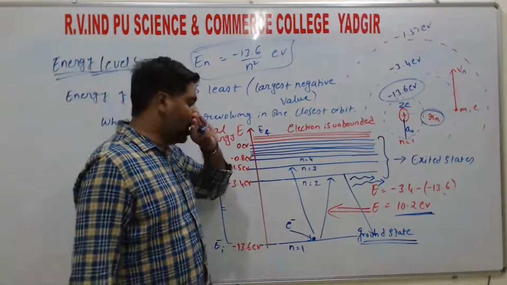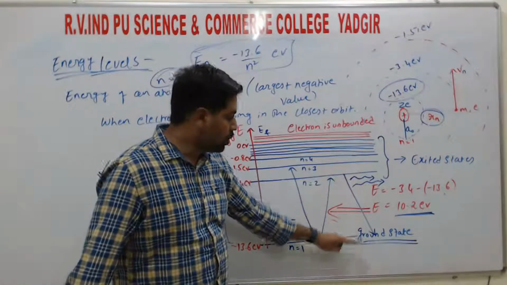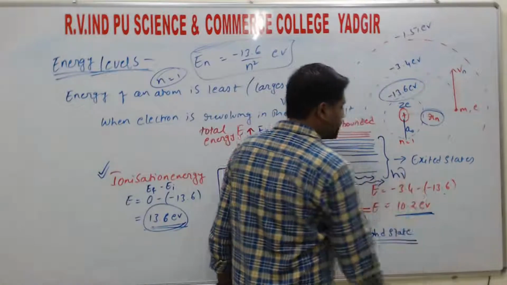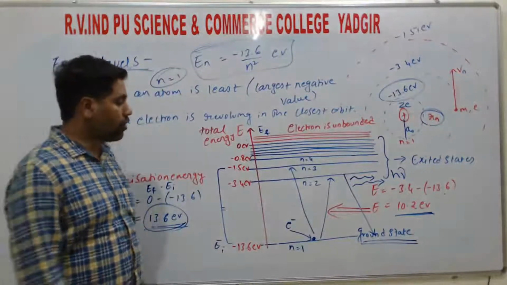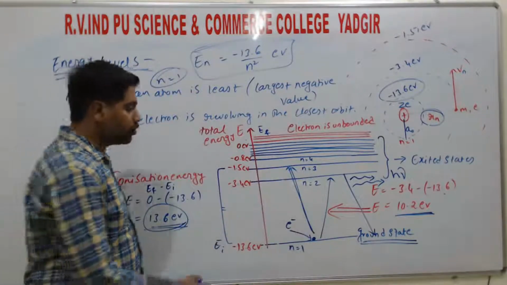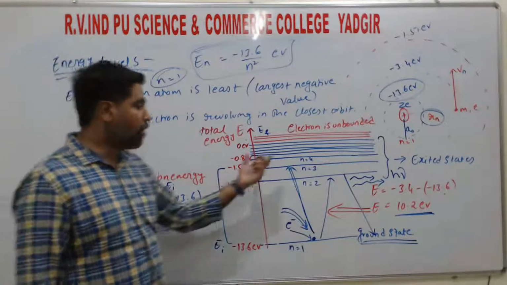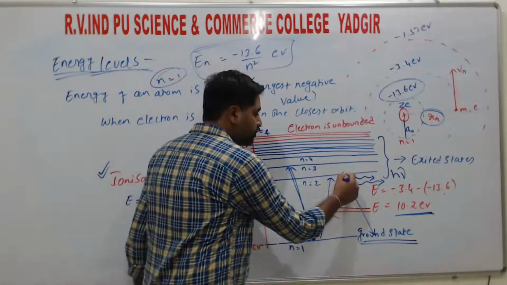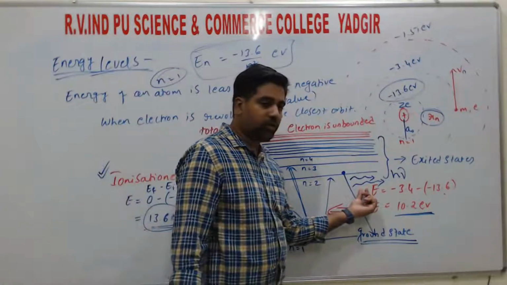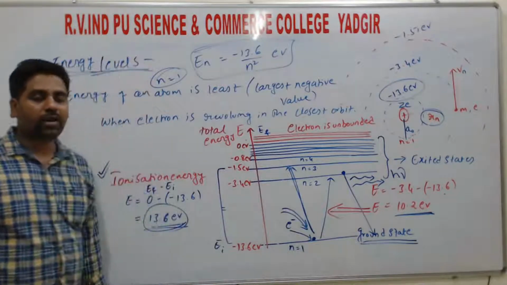As the electron transfers from a higher energy state to a lower energy state, it emits radiation of energy h nu, right? As it moves to the excited state, it needs energy. After a certain time the electron in the excited state will jump to the ground state, and in that process it emits radiation of energy h nu, right?